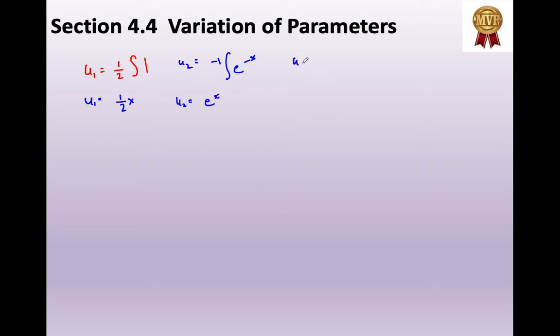Integrate (1/2) e to the negative 2x dx. I get -1/4 e to the negative 2x, right?